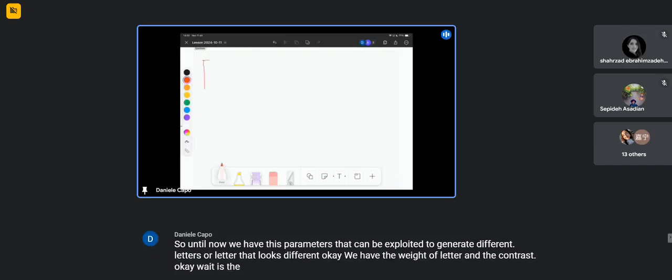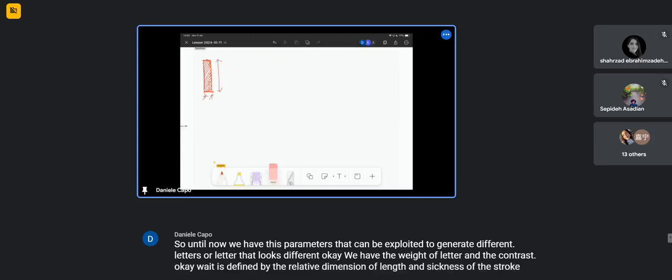is defined by the relative dimension of length and thickness of the stroke.